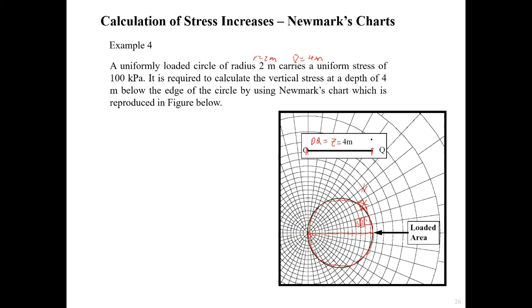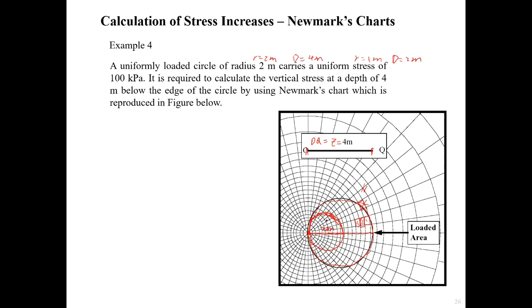For the other case, if the radius is 1 meter, then the diameter of your circular loading will be 2 meters. But the length OQ equals Z is 4 meters, so you have to plot your circular loading at half of the length, because this one will be the 2 meter diameter.